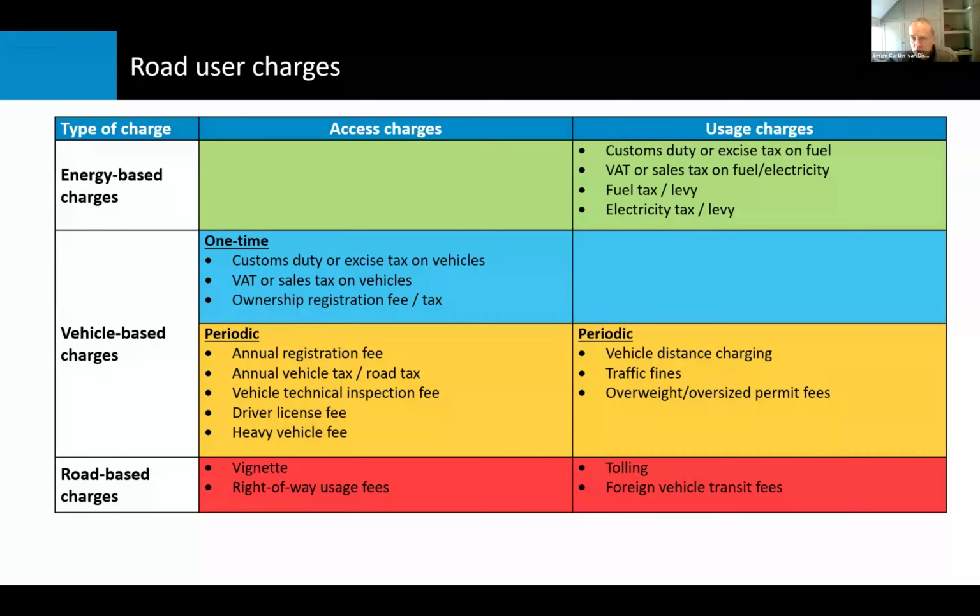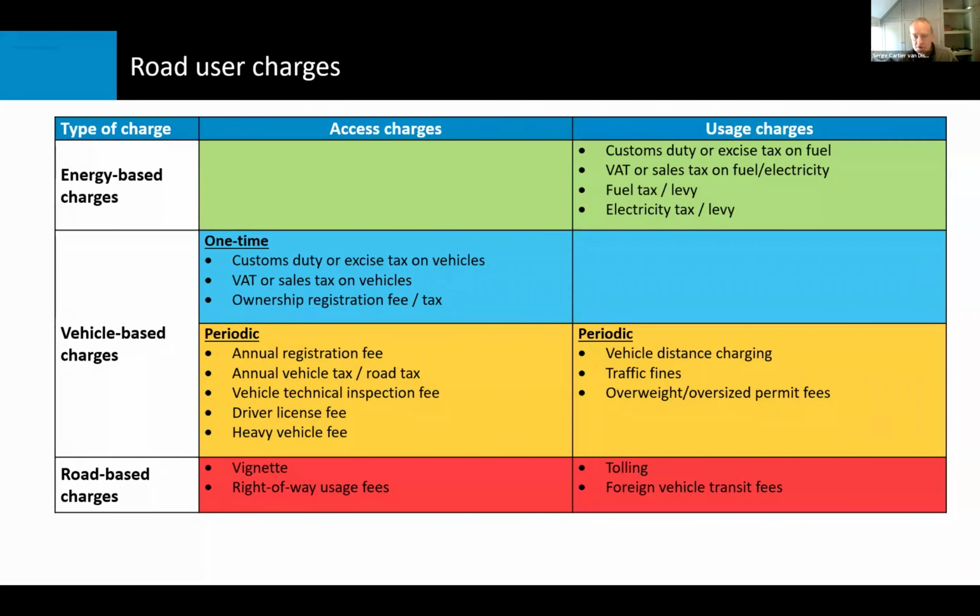Vehicle-based charges, they are also usage charges, the vehicle distance charging, although it's not used very much at the moment because of the technical challenges. It is being used in certain countries, like in New Zealand, they are using vehicle distance charging for certain vehicles.